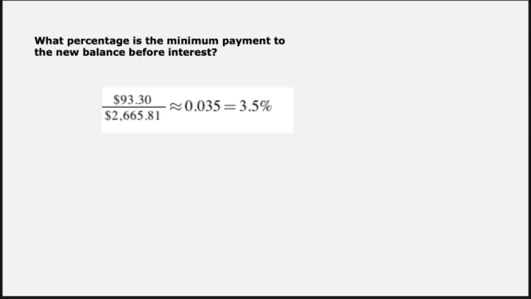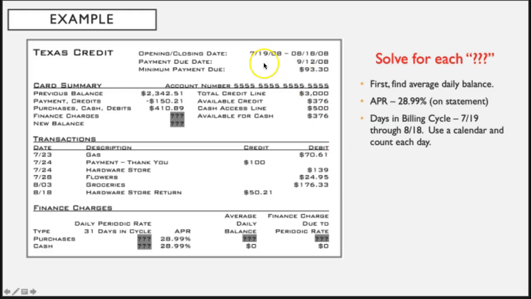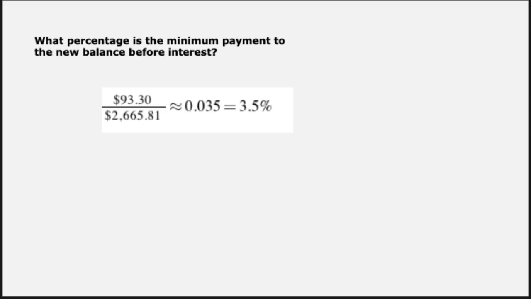And the next question was, what percentage is the minimum payment to the new balance? Well, 9330, that actually came from the original statement. Let me show you. Where is it? Here it is. All right, it said the minimum payment due was 9330. Well, apparently, this credit card has some method of calculating what your minimum payment due is, and it appears to be 3.5%.